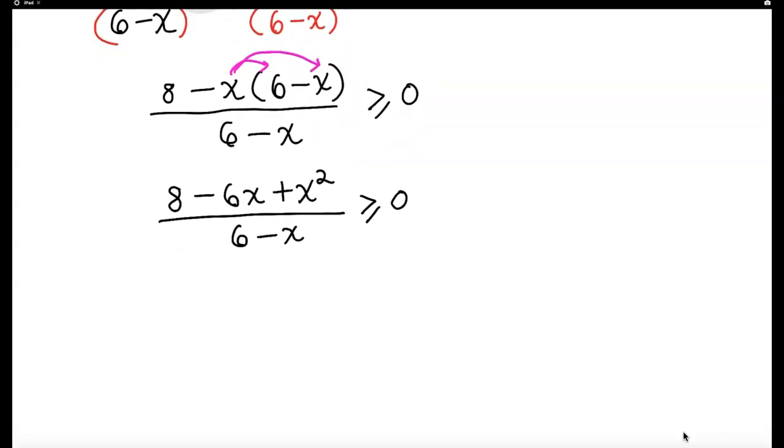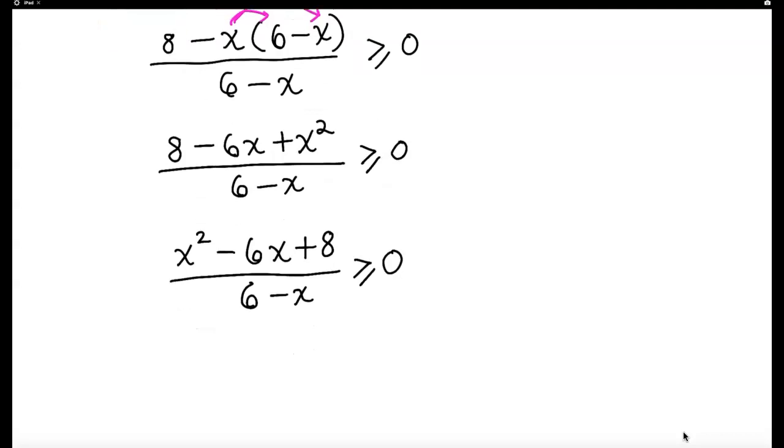Now, if you look at the numerator, can I put this in standard form? x squared minus 6x plus 8. So the numerator was just all out of order, but if I write this in standard form, can you see how the numerator now can be factored?